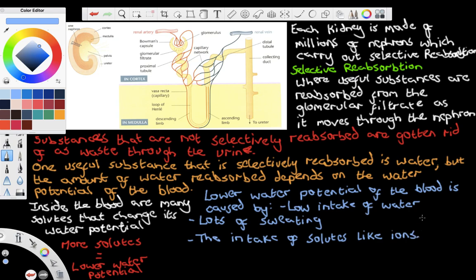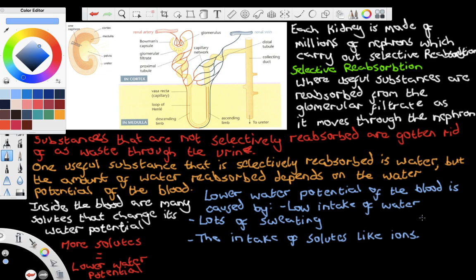Okay? So we've said so far that each kidney is made up of millions of nephrons which carry out selective reabsorption. Selective reabsorption is where useful substances are reabsorbed from the glomerular filtrate as it moves through the nephron. Substances that are not selectively reabsorbed are gotten rid of as waste through urine. One of the useful substances that is selectively reabsorbed is water, but the amount of water reabsorbed depends on the water potential of the blood.